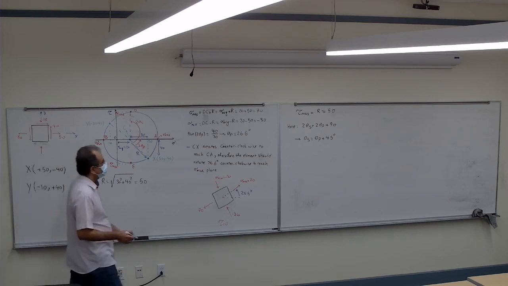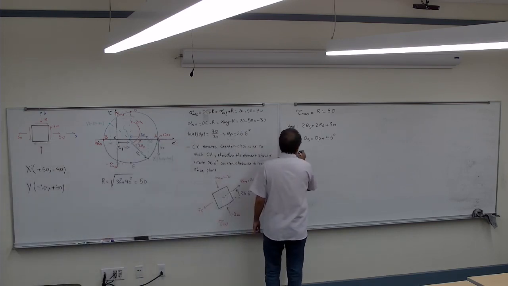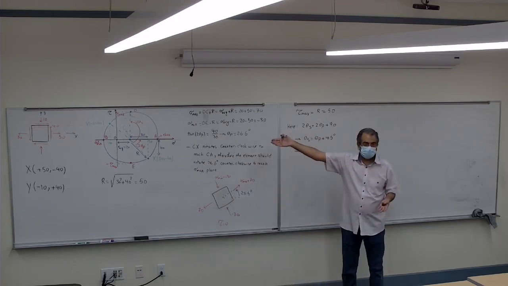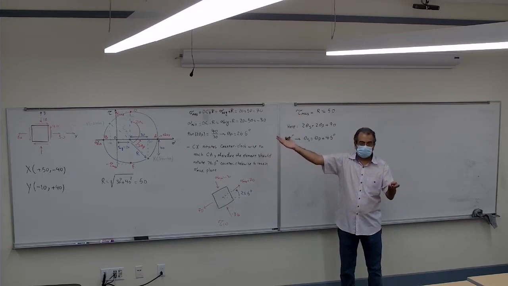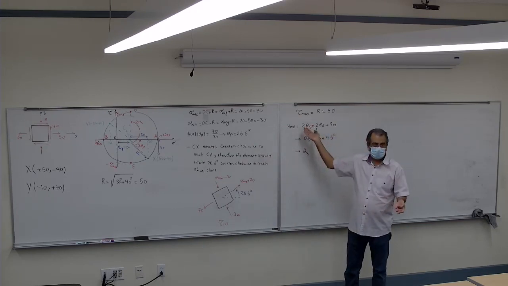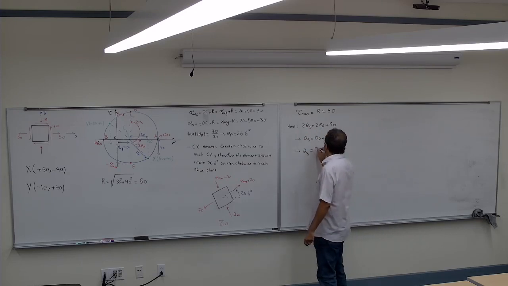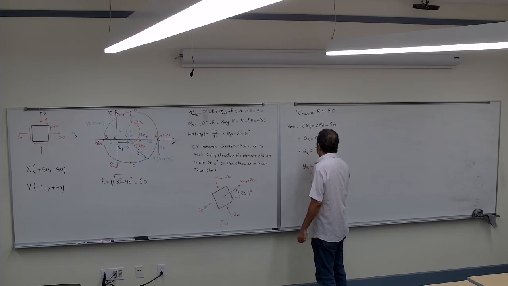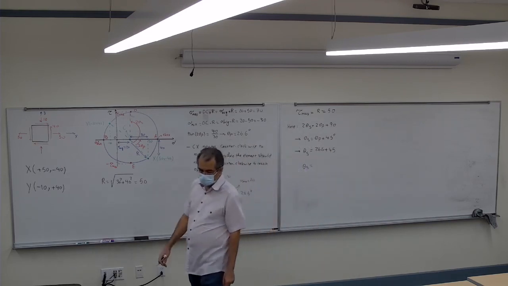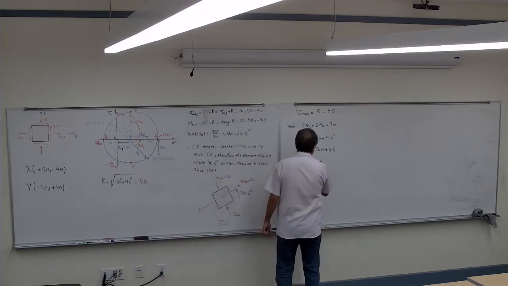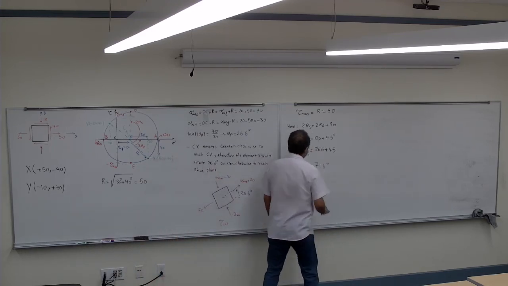So how much would be the theta s? Remember that I wrote this equation from this element. If the element is different, the equation might be something else, correct? So theta s would be 26.6 plus 45, which is 71.6 degrees.